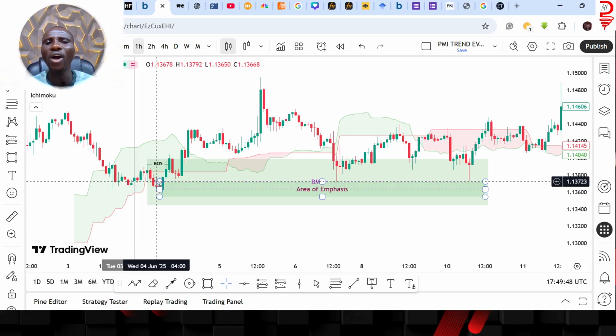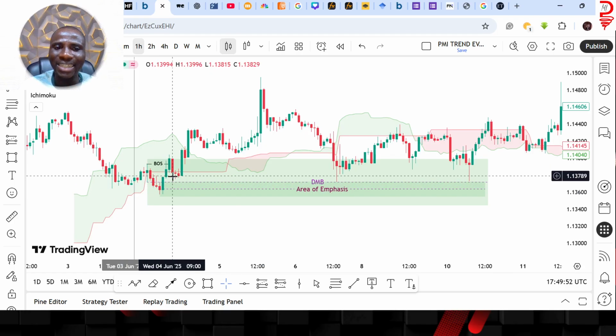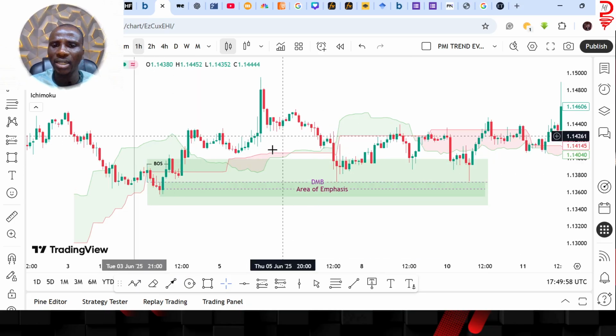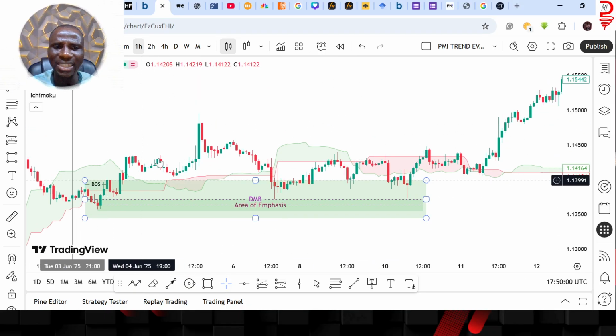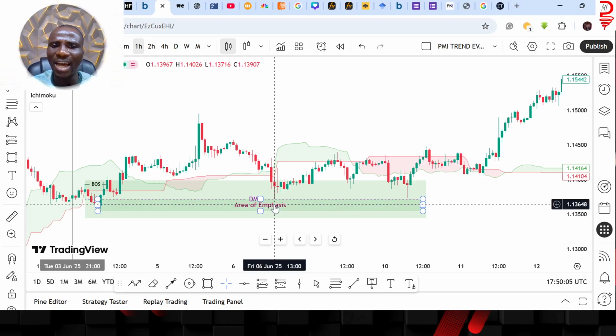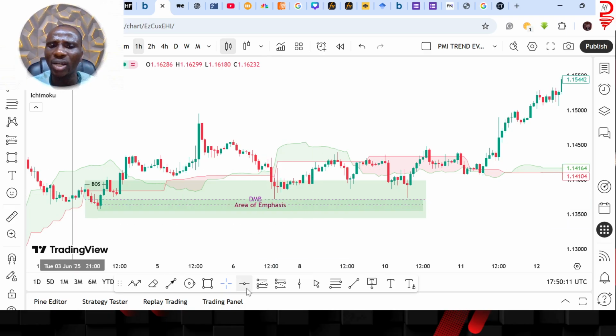Note that your area of emphasis is the last candle of the origin that created a break of structure within a money box. Okay, now look at this chart. The market traded back. In fact, it was almost entering the area of emphasis. And we are now expecting that after the area of emphasis, you should have an engulfing move.